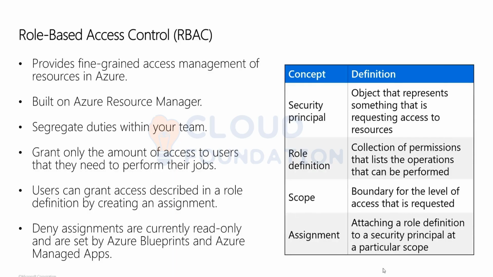Right. This is the next point: give only the amount of access to the user which is required. Don't assign additional permissions. By assigning additional permissions, we are creating trouble for ourselves.